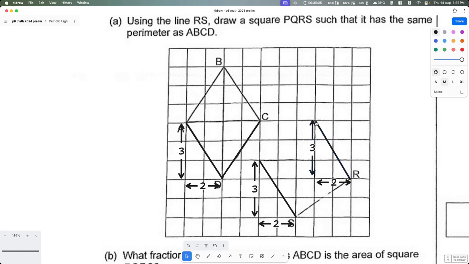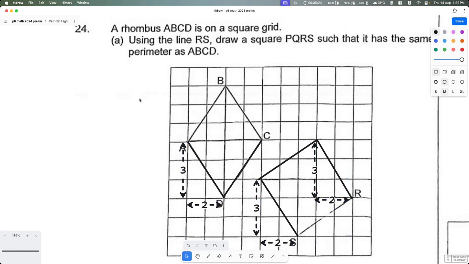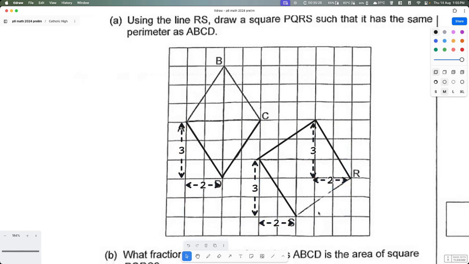Maybe more aligned. And that's it. From here we can draw the last one, and that's the answer. So this 3 is to 2 is basically the measurement in this case. That is how you draw the square PQRS.